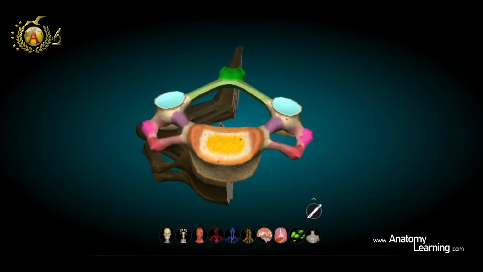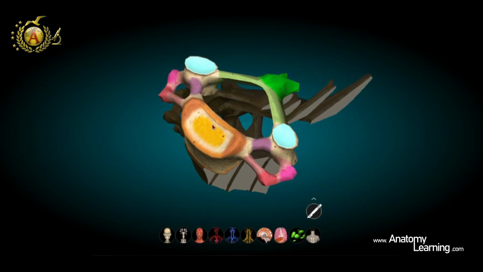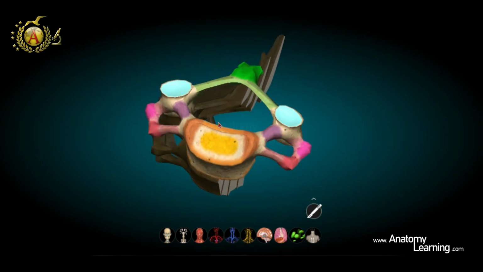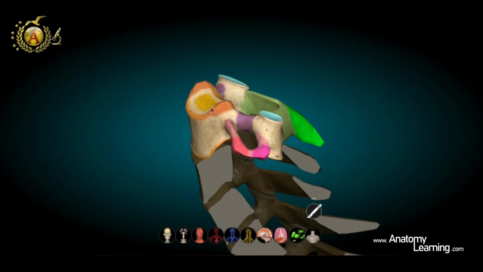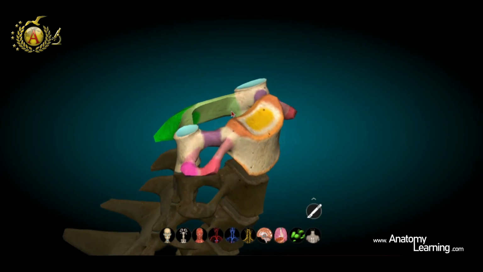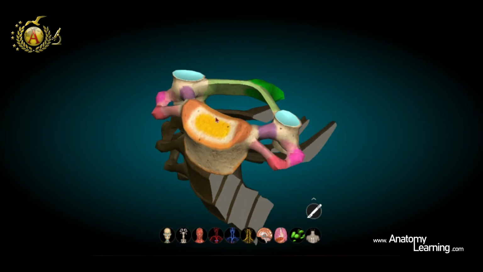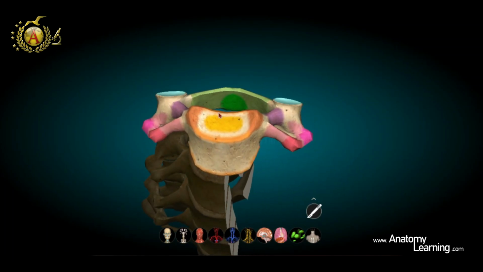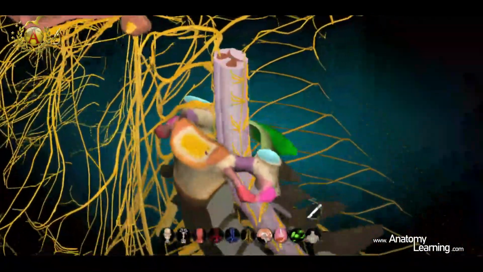Ultimately, these vertebrae are really characteristic not only for the perforated transverse process or for the bifid spinous process, but also because their foramen is the largest among all vertebrae, precisely because at this level the spinal cord bundle is quite a bit larger and decreases in size as you go down.